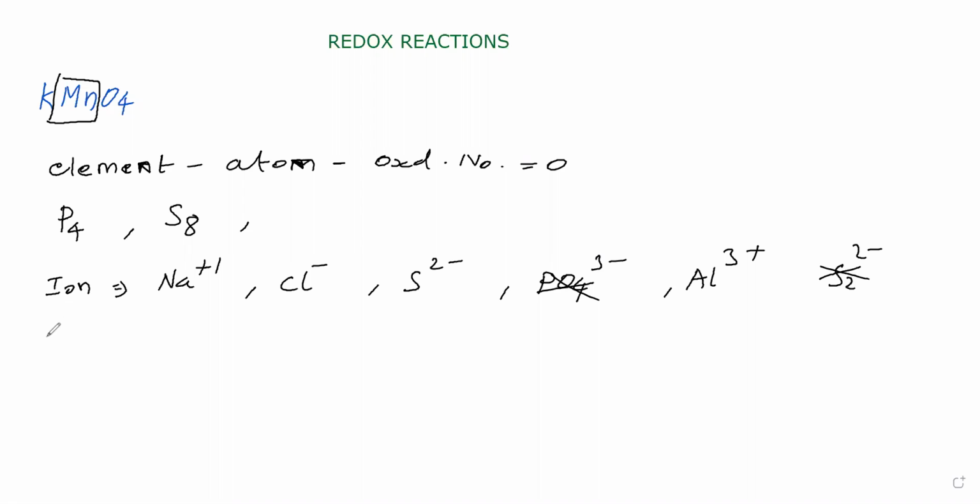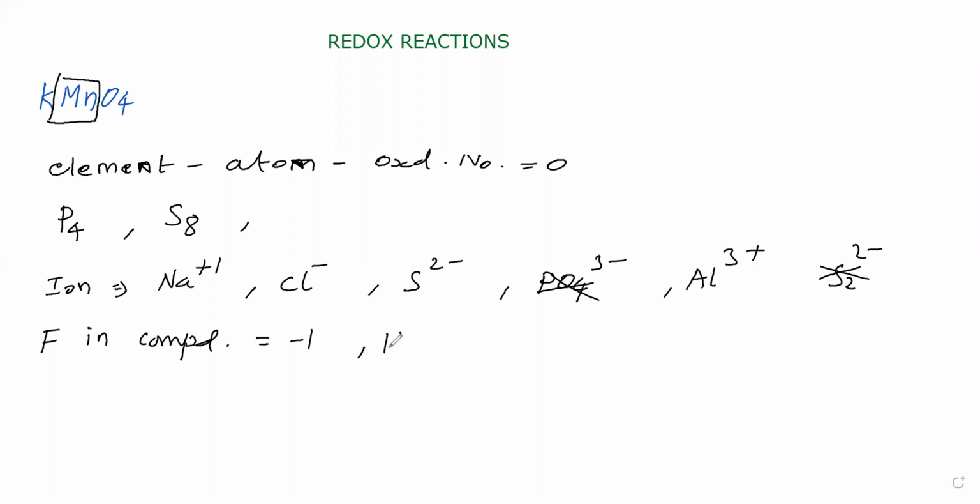Then we will take fluorine in a compound. If fluorine is present in a compound, then its oxidation number you have to say is -1.